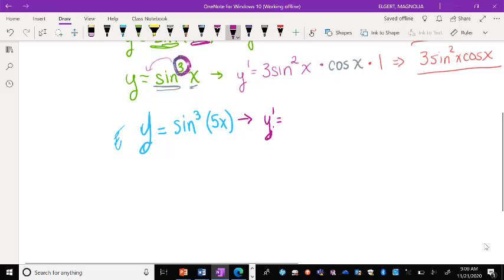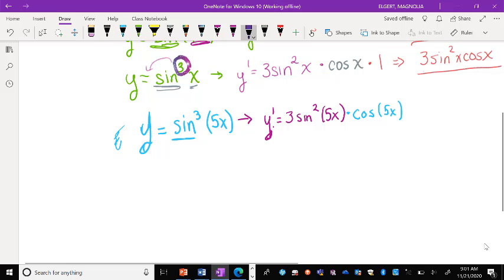So the power is 3, so that power goes in front, 3 sine, and that power becomes 2 of 5x. So everything else stayed the same. The only thing I changed was the power. We multiply by, now we're at the t, the trig function. So the trig function is sine. Now, it's just sine, not sine cubed. So the derivative of just sine is cosine of the angle, which is 5x.